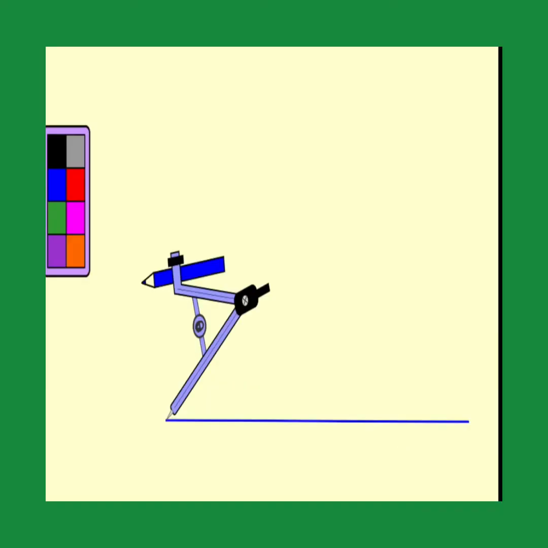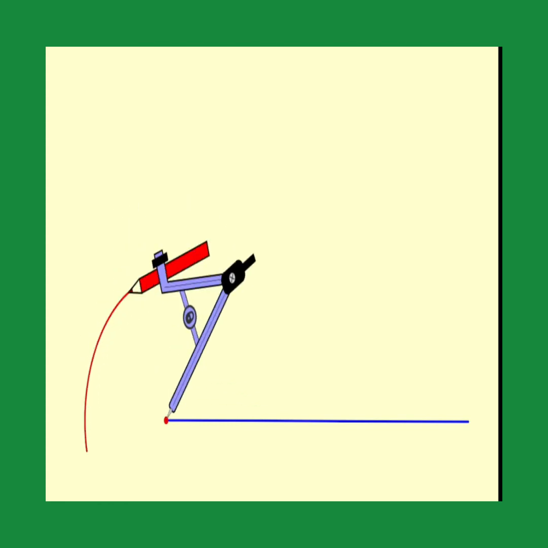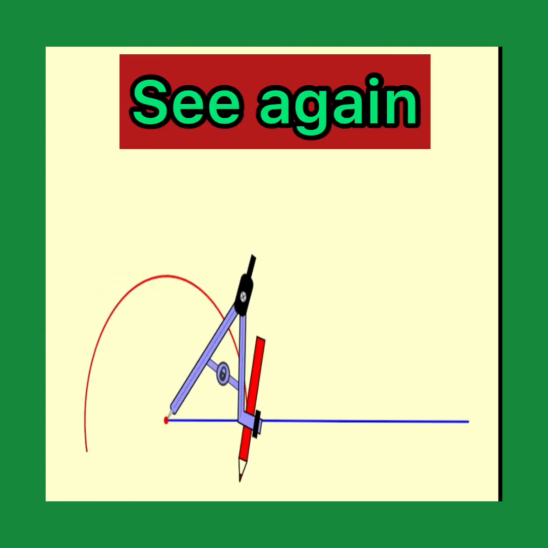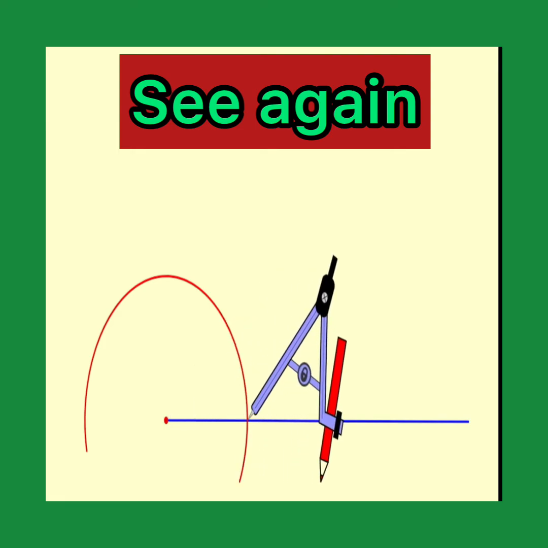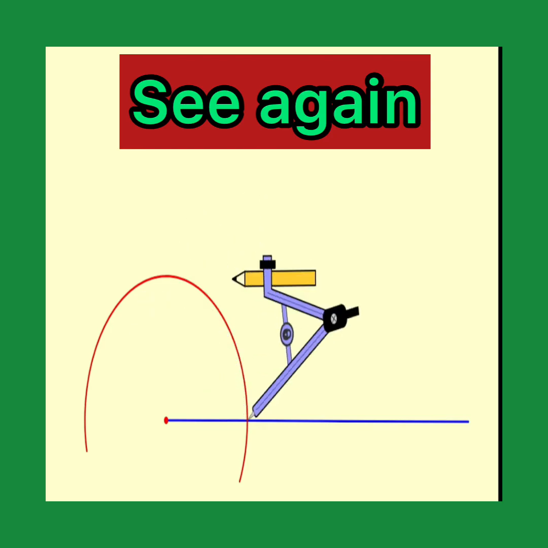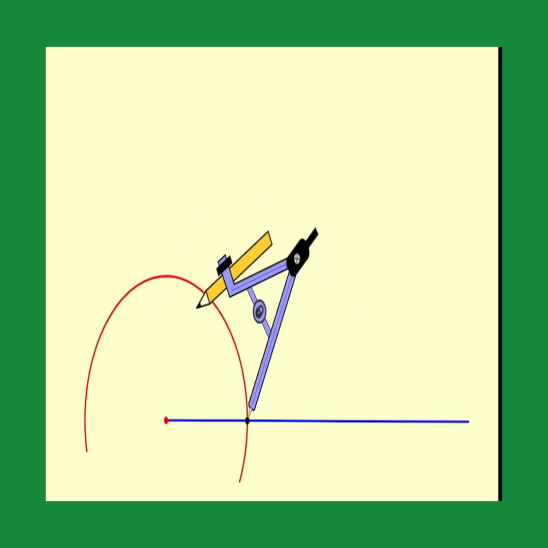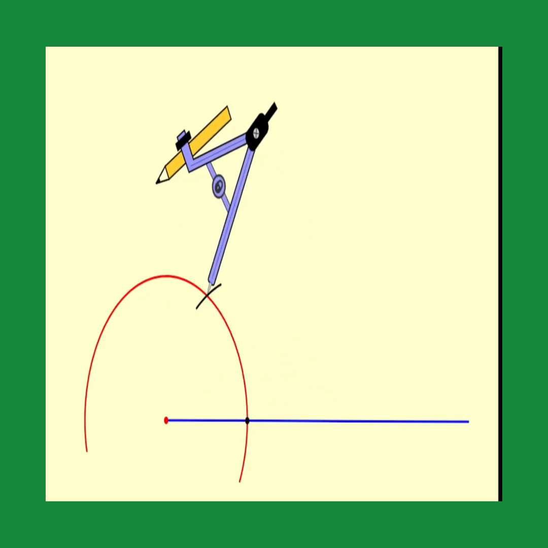135 degree, draw a semicircle, as you see, without any measurement. After that, placing the pointer at this point of intersection, you will draw an arc. This is angle 60 degree, and after that again you will draw a second arc.